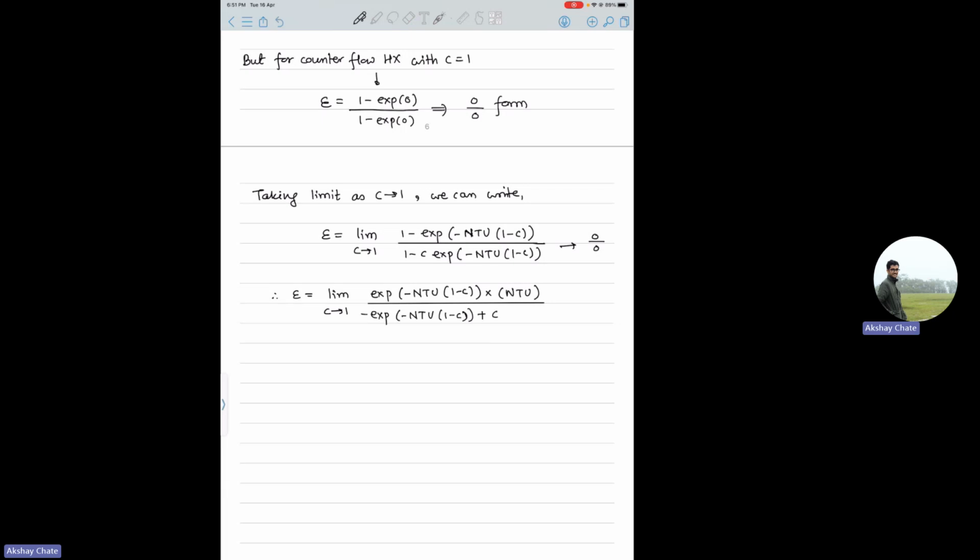There will be a minus sign here and here also, and you'll have exponential minus NTU (1 minus C), the same thing here also, minus C into NTU. Then you take this exponential term common.